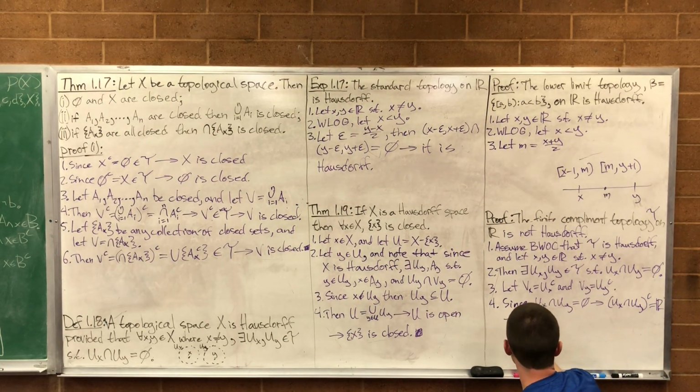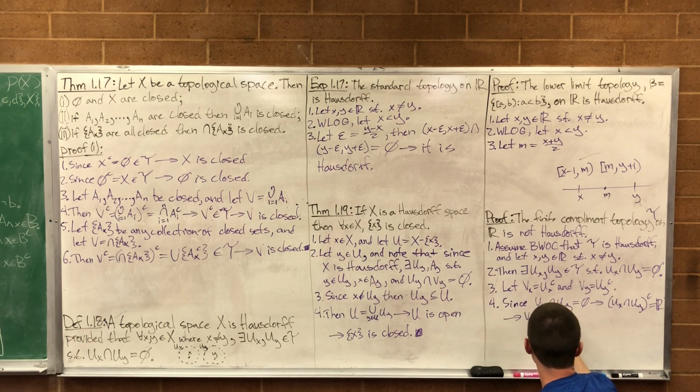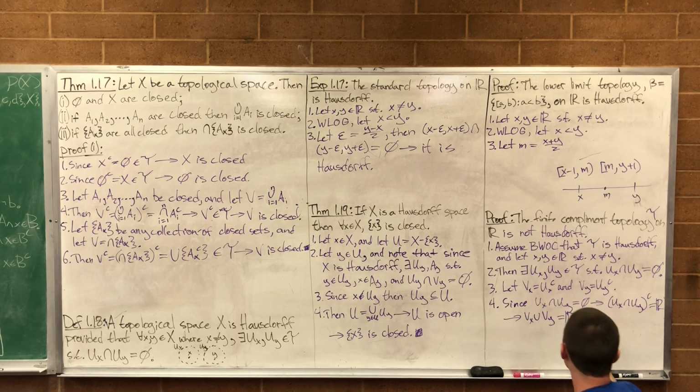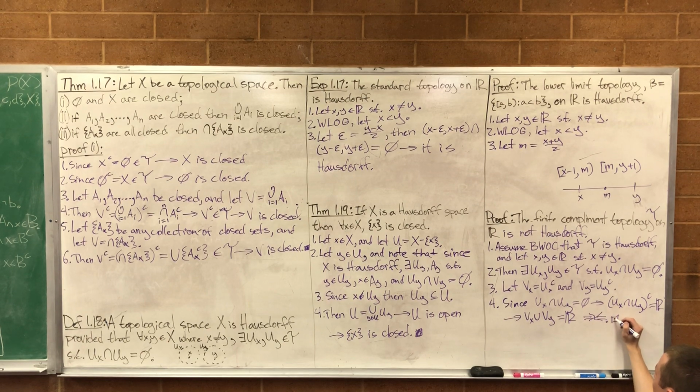Which gives us that Vx union Vy is equal to R, which is our contradiction. But I can't union two finite sets and get an infinite set. So that's a contradiction, since Vx, Vy are both finite and R is infinite.